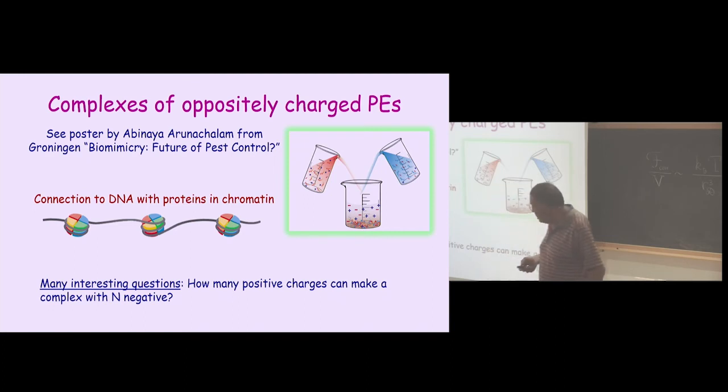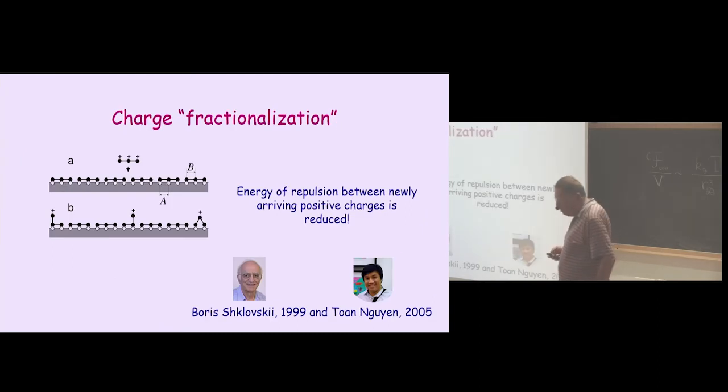It's an interesting question. And here is a cartoon which shows that it's possible. It's possible to make a complex with imbalanced charge. It may be energetically favorable, surprisingly. This is illustrated in this picture. Suppose you have this negatively charged object here. You can think that this is DNA.